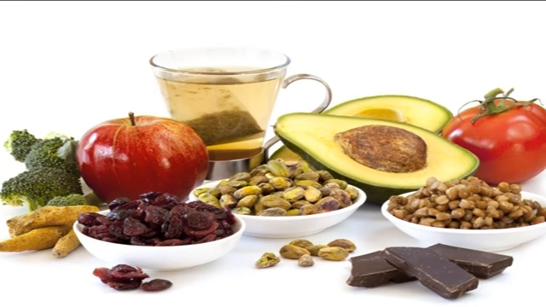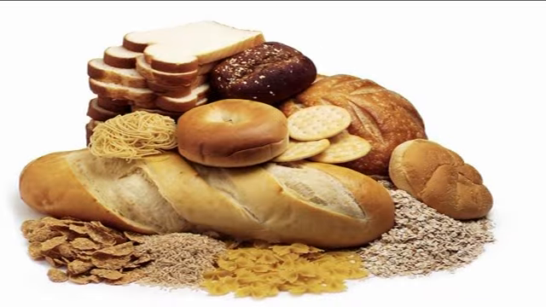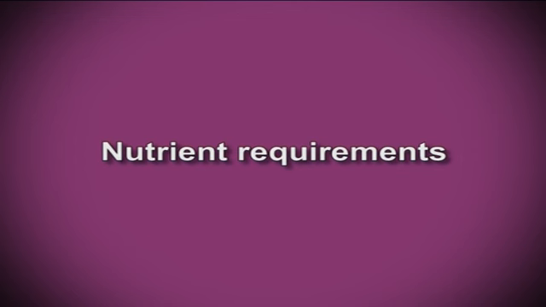Nutrients. Now, nutrients are chemical substances obtained from food and used in the body to provide energy, structural materials and regulating agents to support growth, maintenance and repair of the body's tissues. Nutrient requirements.